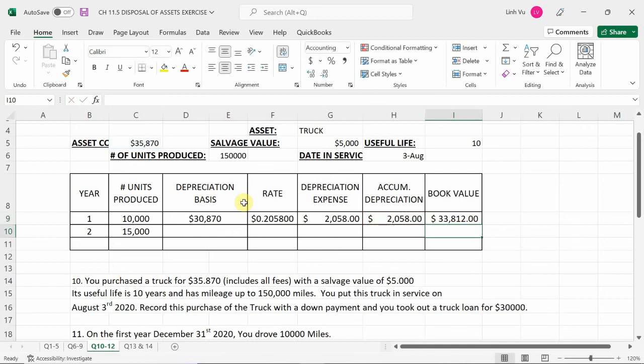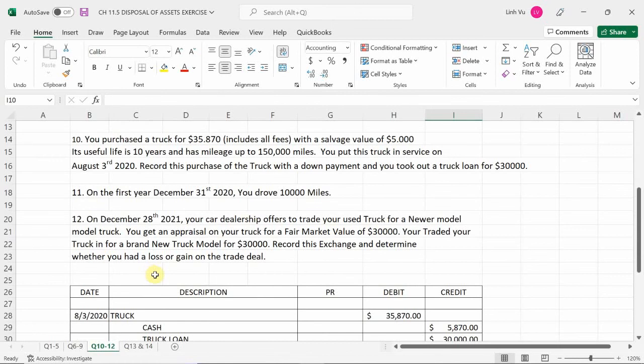33,812. Good. Okay. There you go. So let's see. On December 28th of 2021. Okay, so that was only for the first year. So that means the following year, at the end of December 28th, 2021, your car dealership offers to trade your used truck for a newer truck model.